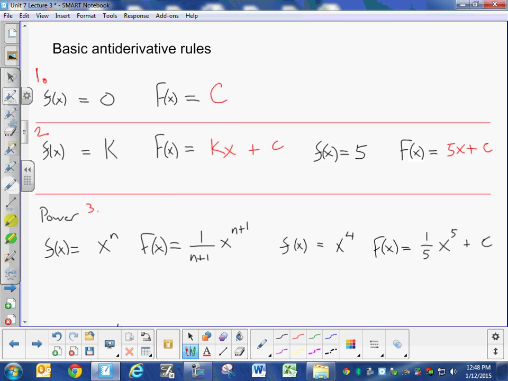The way I like to say that is: add 1 to the exponent, multiply by the reciprocal of your new exponent, not your original. Plus c, of course, plus c right here, and plus c right here.